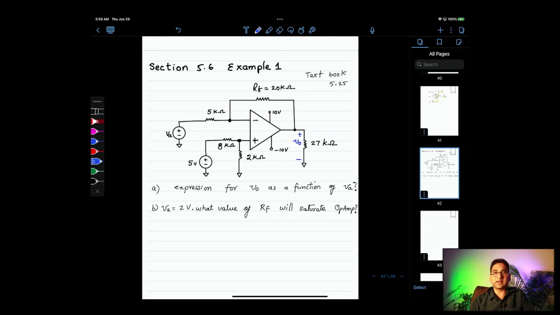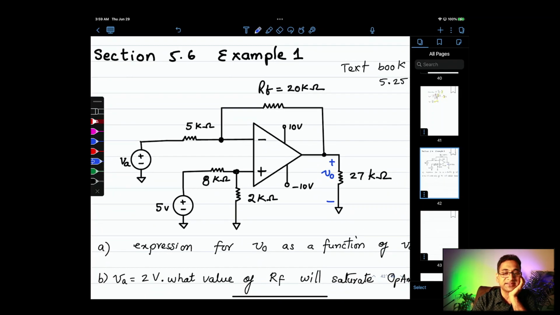Now, if you think about this, here is the first example problem, and this is from difference amplifier. It's called a difference amplifier because an input is applied to the inverting terminal and another input is applied to the non-inverting terminal. So this is the first configuration where input is applied to both the inverting and non-inverting terminal.